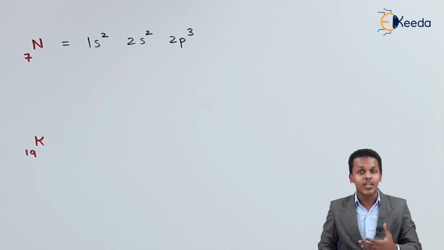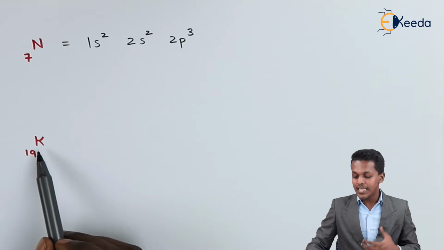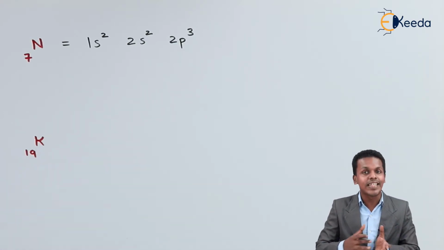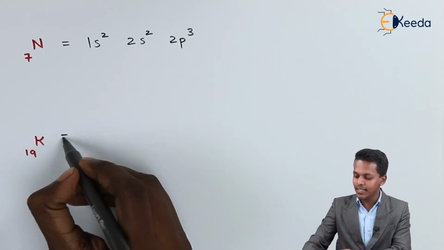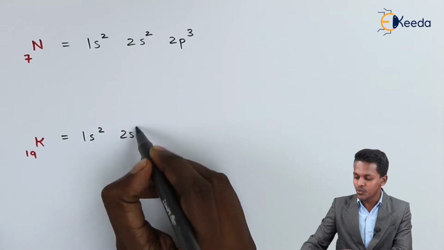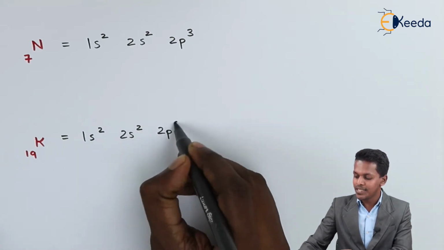Now let's start with another one. Here we have potassium, which has an atomic number of 19. How can we write the electronic configuration? We write it as 1s2, 2s2, 2p6.